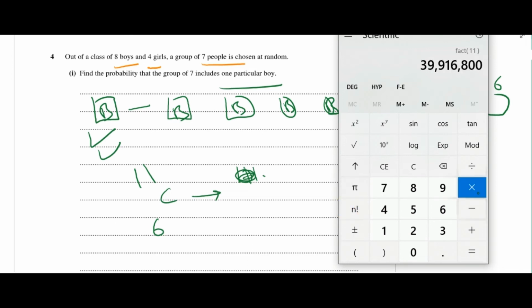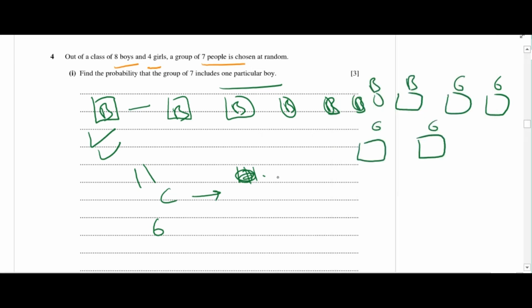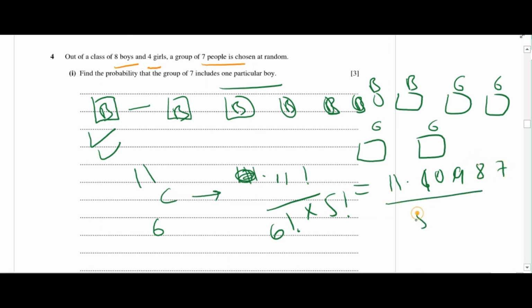So 11 factorial upon, let me check the calculator. 11 factorial divided by 6 factorial times 5 factorial.